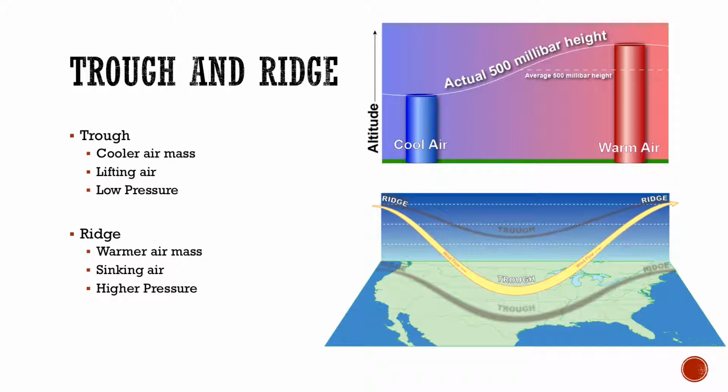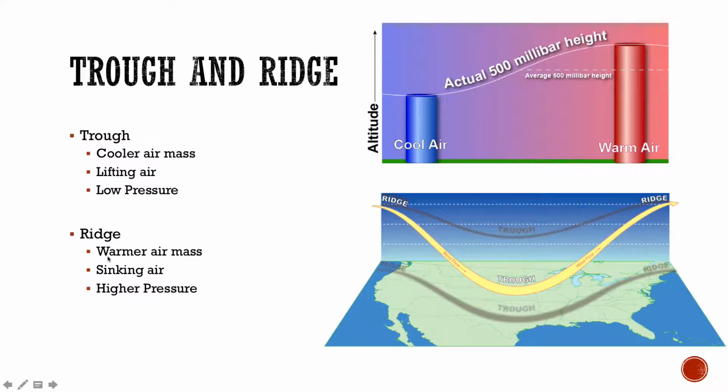As we get these highs and lows that move across it, the height of that pressure level changes. As the cooler air mass of a low pressure system comes across, remember that when we cool air, the pressure lowers. So we get what's called a pressure trough forming, where the height of that pressure level actually dips. We get lower pressure, and so lower heights of a certain pressure.